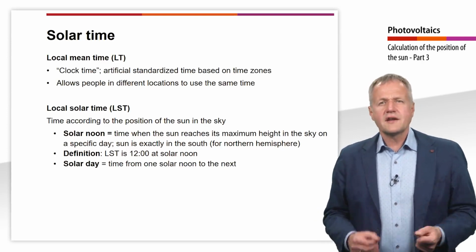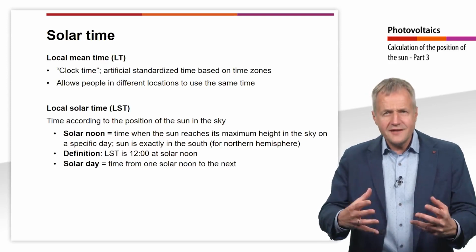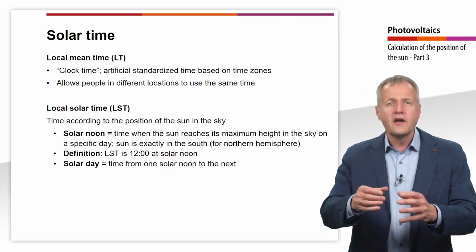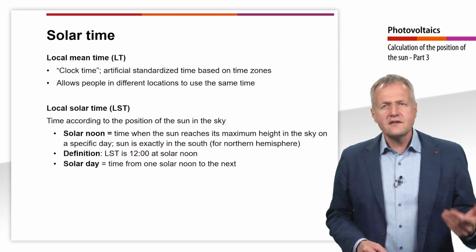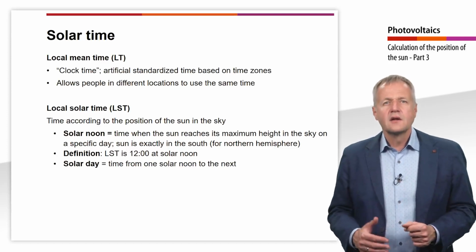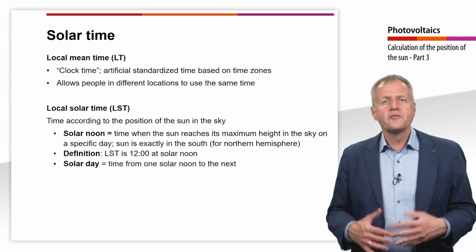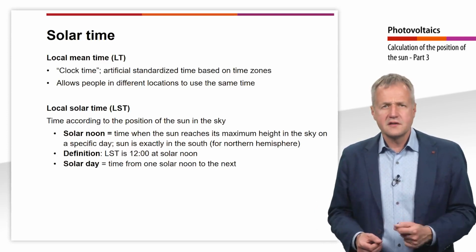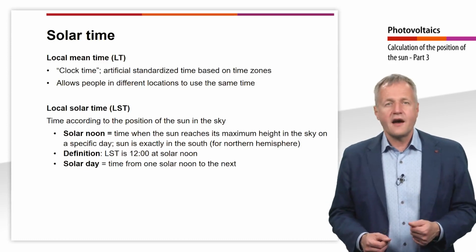The local solar time, LST, is defined in such a way that LST is exactly 12 at solar noon. A solar day, then, is the time from one solar noon to the next. But how do we calculate the solar time, LST, from the local time or clock time, LT? The question will be answered in the next 8 slides.